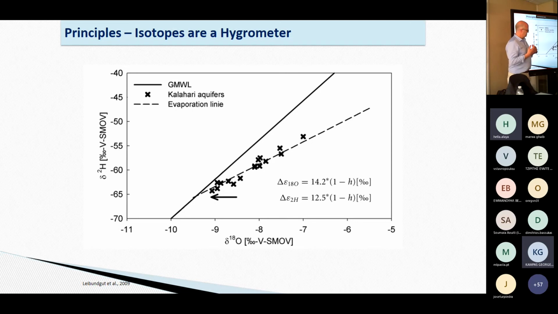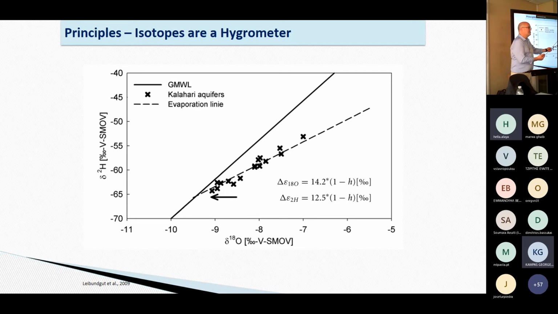It has usually a slope of 8. 8 is the ratio between the change in the isotopic values of hydrogen compared to oxygen. So this fractionation is, if you want, 8 times higher than this one. And these samples are all from evaporation. They are all from a region in which evaporation is very strong.